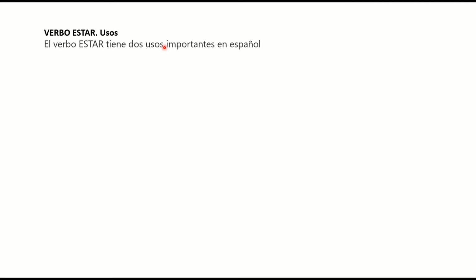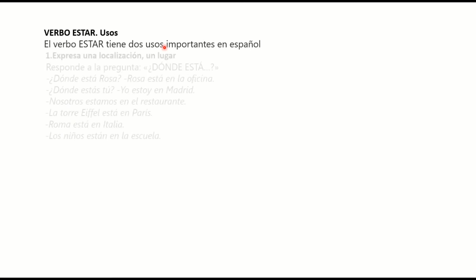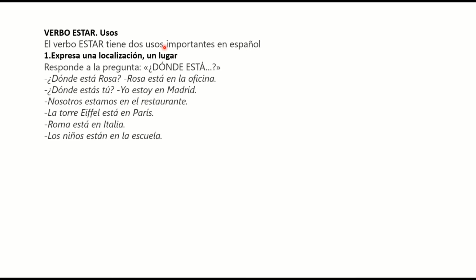So this one I have kept it in Spanish. El verbo estar, uso del verbo estar tiene dos importantes en español. So there are two very important use of the verb estar. Now, the first one is to express location or a place.